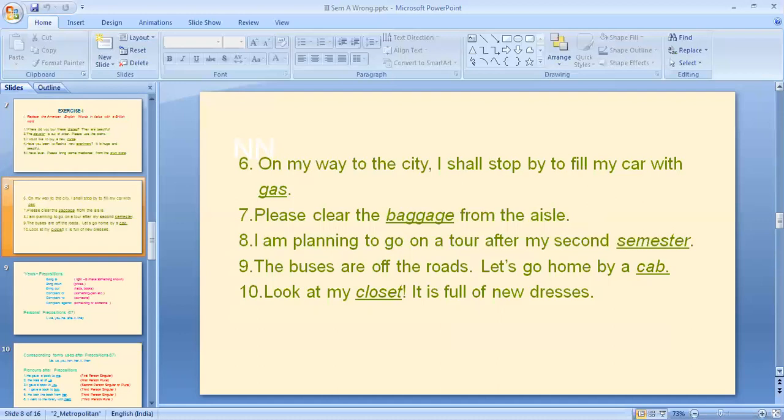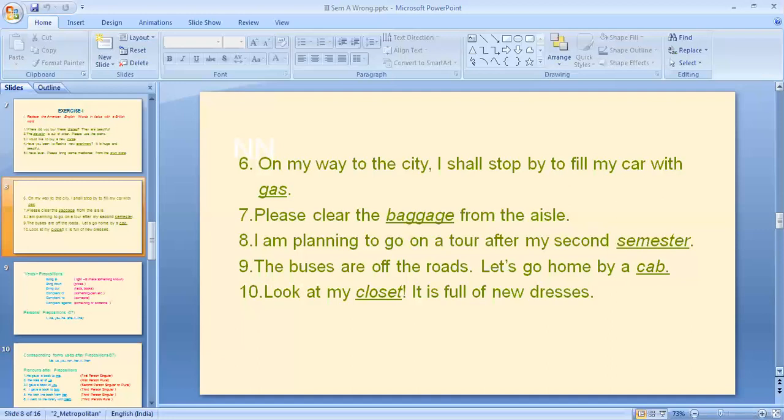So the fuel which they want to fill is called gas. The word gas is in italics and it has been underlined. In British English, they don't use the word gas, but they use the word petrol.